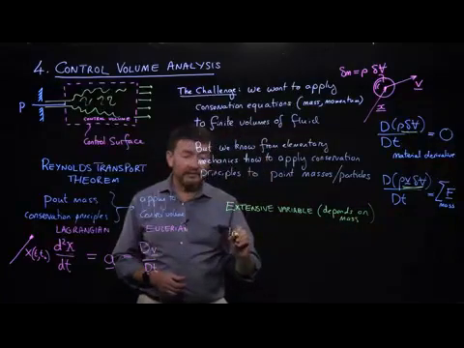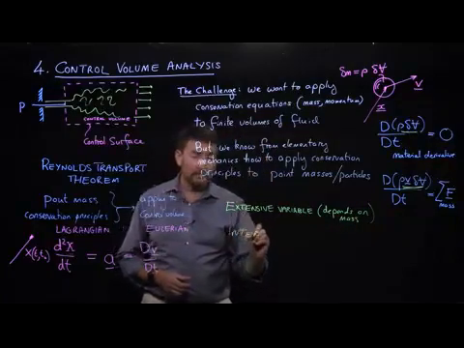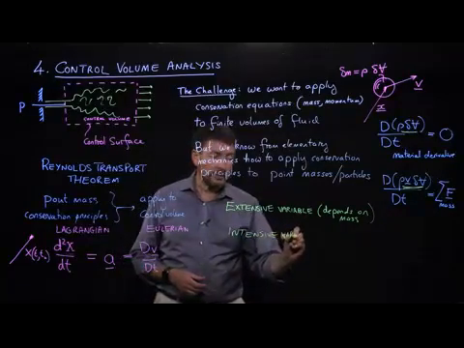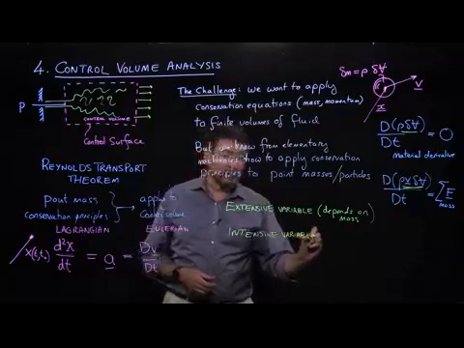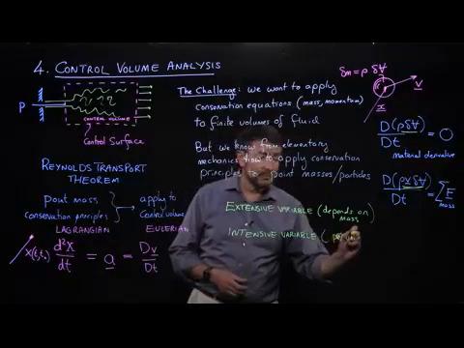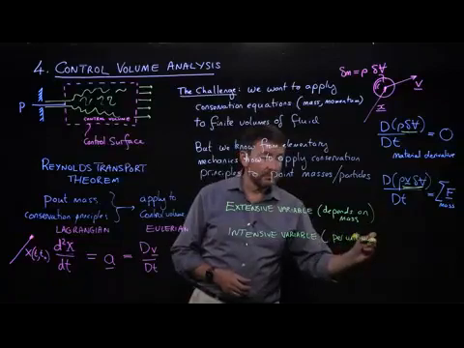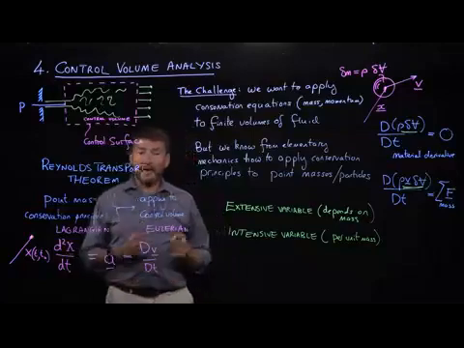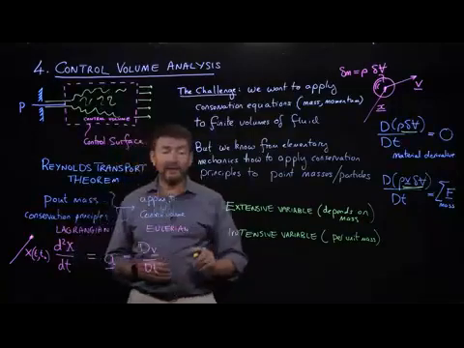and an intensive variable, which we can express on a per unit mass basis. And typically what we'll find is that in general we use a capital letter to indicate an extensive variable.